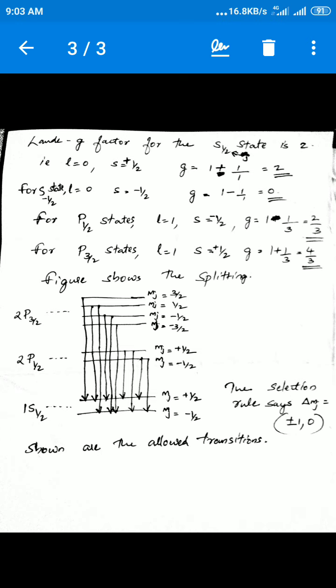There are 10 transitions shown, from the second state to the first state. After applying the magnetic field, the splitting of the first and second energy levels is like this, and each transition corresponds to each spectral line in the Zeeman effect spectrum. Okay, Zeeman spectrum. So that's all for today's class.